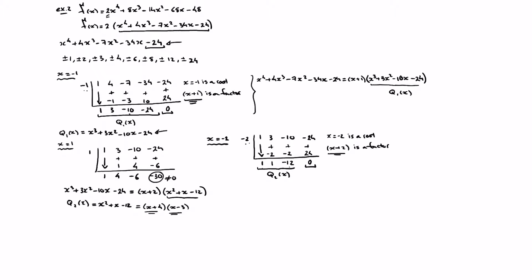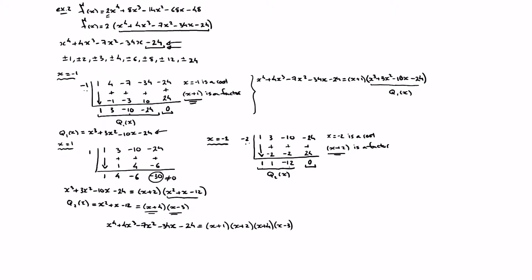So going back to our original polynomial, we can go ahead and write x to the power of 4 plus 4x cubed minus 7x squared minus 34x minus 24 equals x plus 1 times x plus 2 times x plus 4 times x minus 3. And now we have one last step.